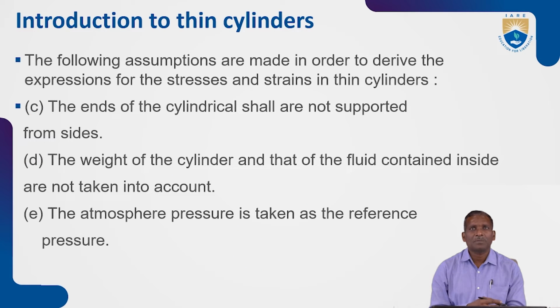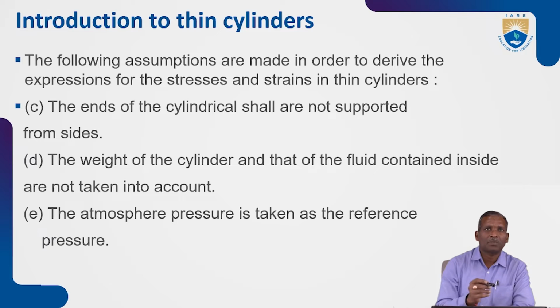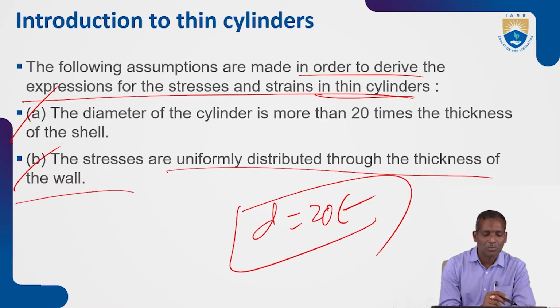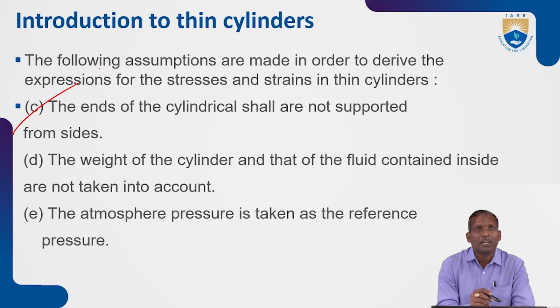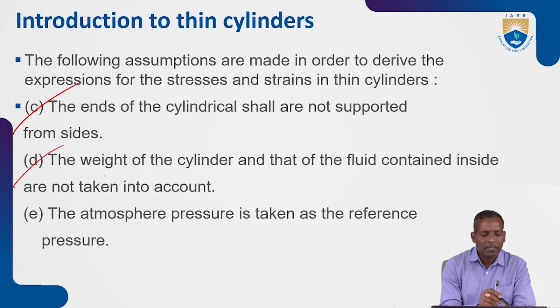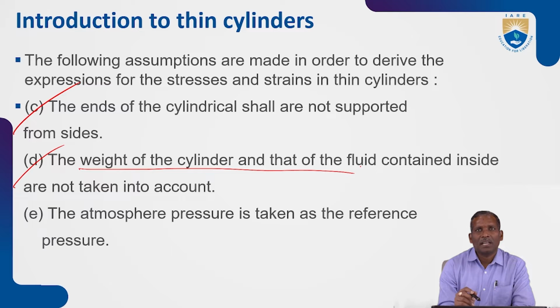The following assumptions are made in order to derive the expressions for the stresses and strains in the cylinder. Already we have seen A and B, two points. Another assumption is that the ends of the cylindrical shell are not supported from the sides. And the fourth one is that the weight of the cylinder and that of the fluid contained inside are not taken into account.